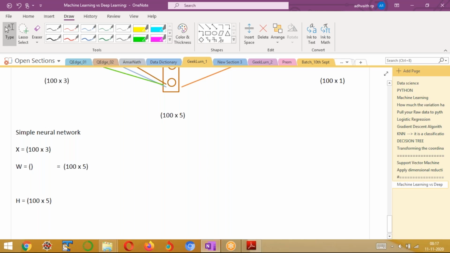So here it should be like this, guys. X into W gives my result as what? 100 by 5. Now tell me what I need to do in my W. What I need to give in the place of W so that my result is 100 by 5.